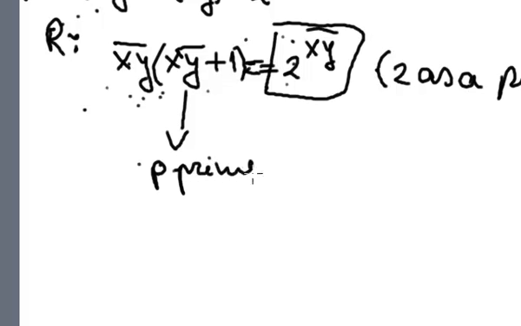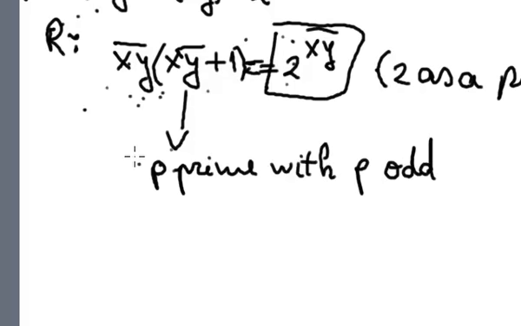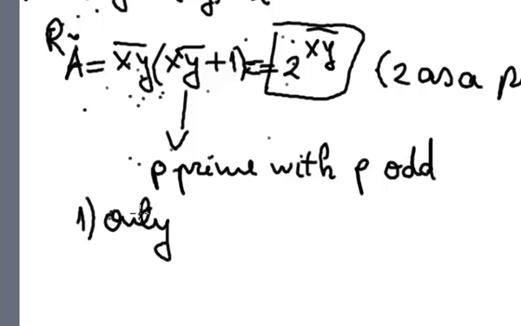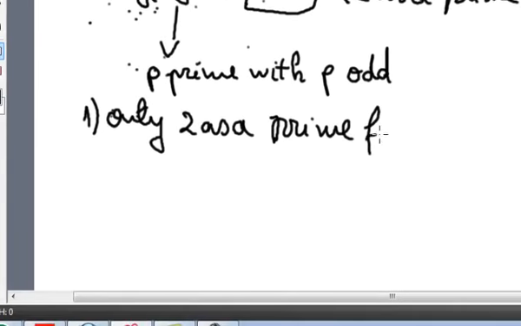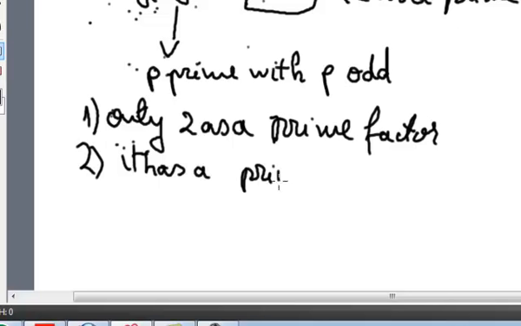So from one point of view, this number has only 2 as a prime factor, and on the other hand it has a prime factor p, which is odd.